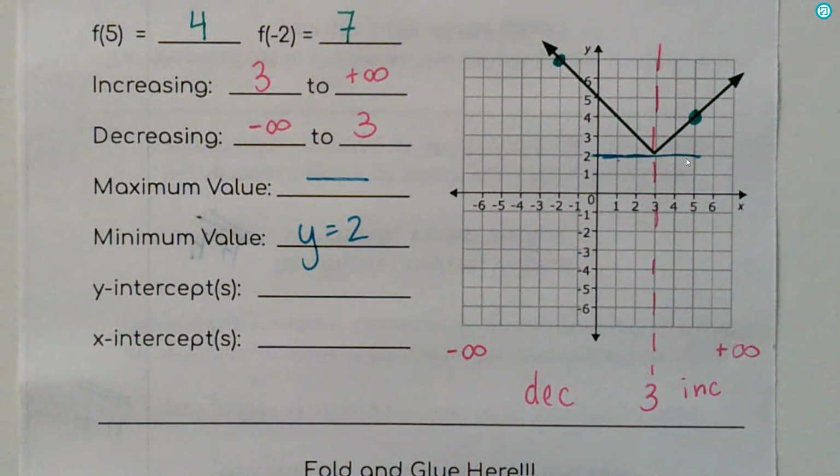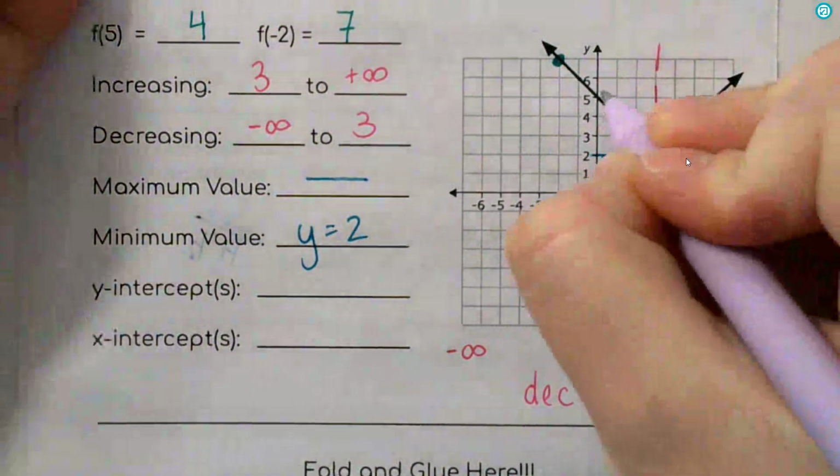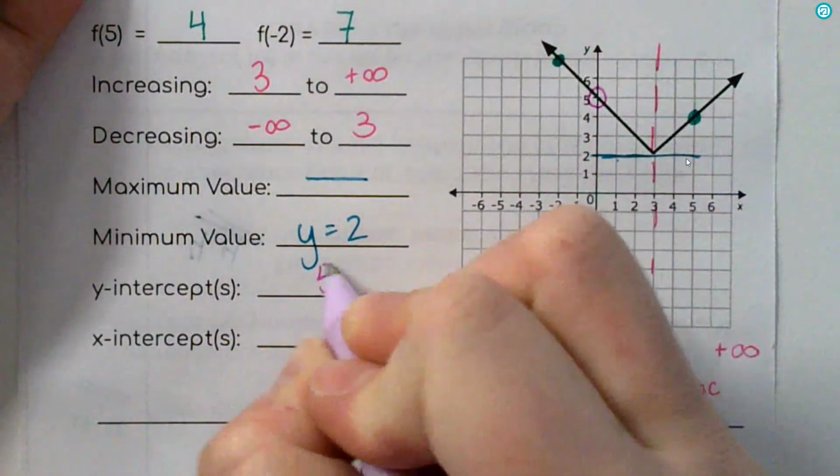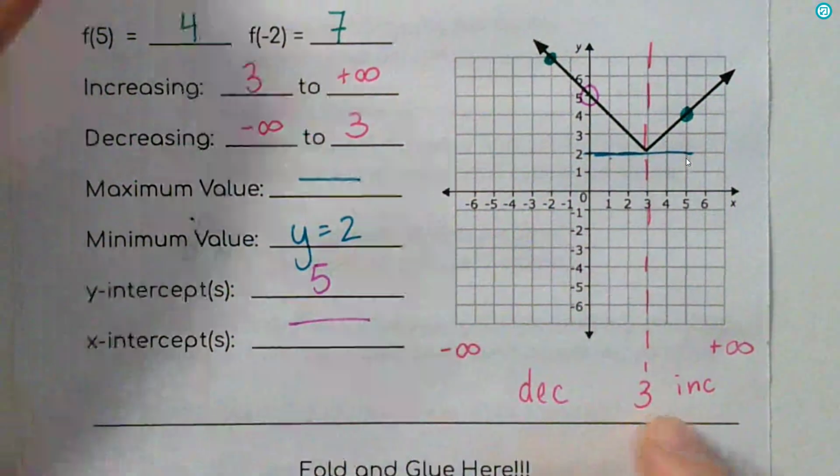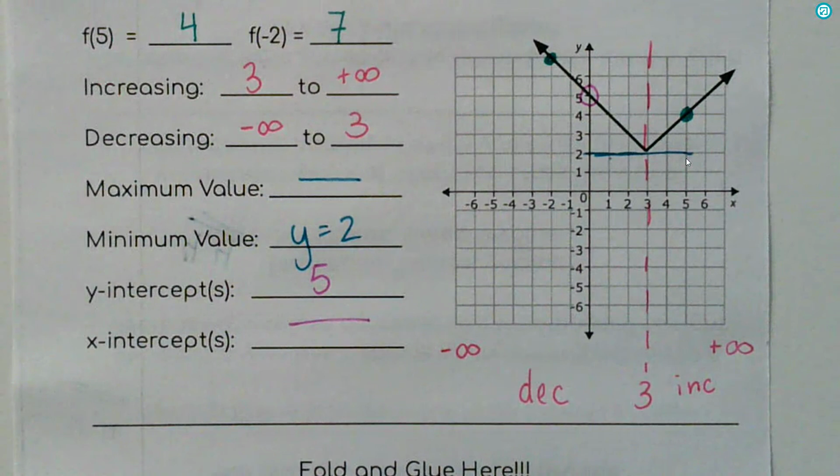And then this graph has one y-intercept right here at 5. And it does not have any x-intercepts. Let me just mark that off. Any questions right now?